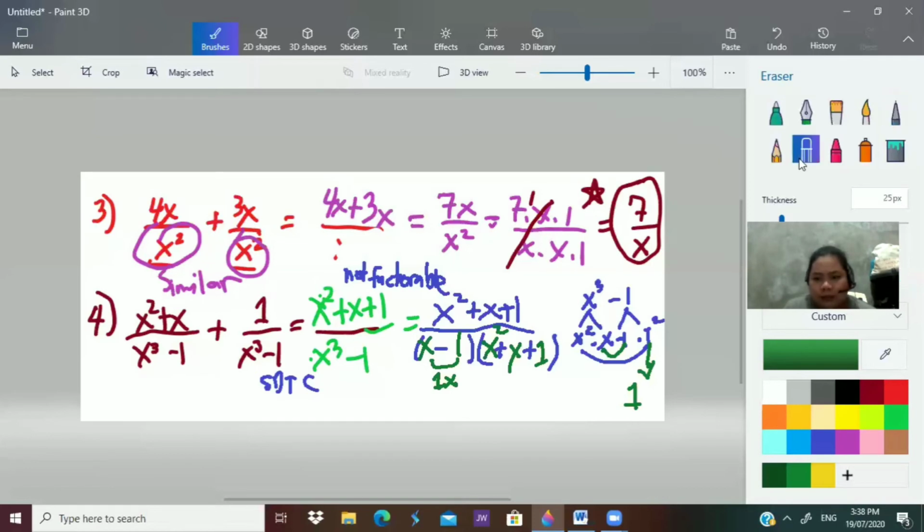Now, so you can see, meron na siyang factor. X squared plus x plus 1. May common factor siya dito. So, meron siyang common factor, x squared plus x plus 1. And another common factor. So, that would be equivalent to both 1.